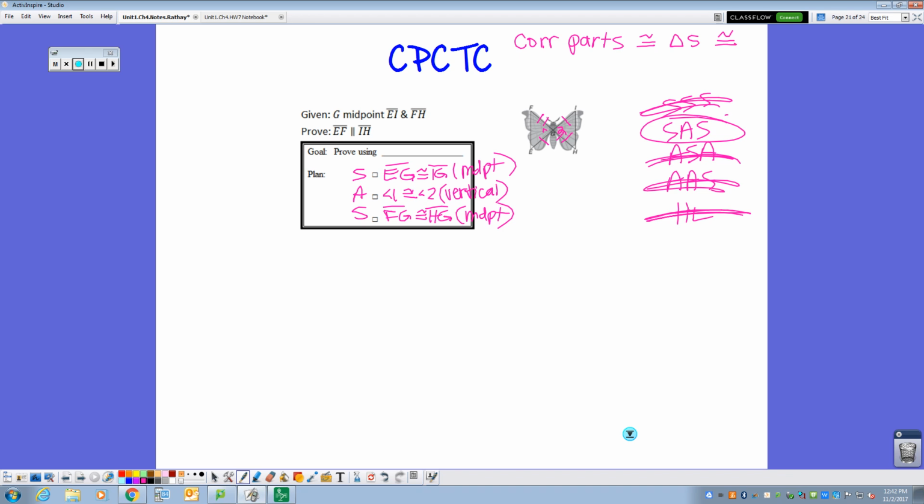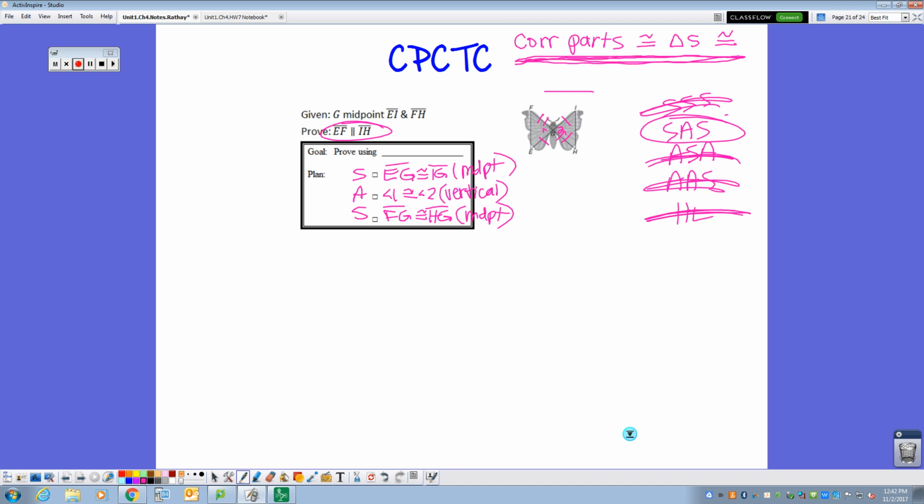Now some of you might be wondering, why the heck am I doing triangle stuff when this asks me to prove that these lines are parallel? Well, to get lines parallel, we need angles. And to get angles, we need to steal from triangles using corresponding parts of congruent triangles are congruent.